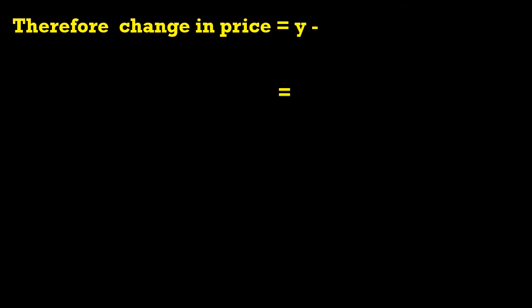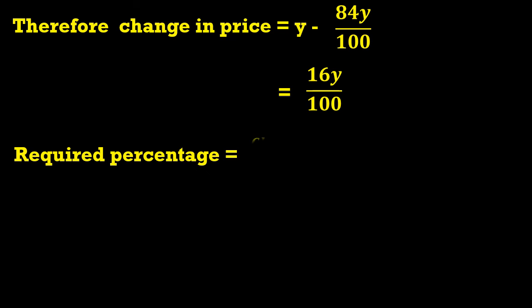Next, therefore, the change in price will be: the original price we have taken, let y be the price of the article, so this is the original price y, and this is the price that has changed. So this is 100y minus 84y divided by 100, so that means 16y by 100 is the change in price.